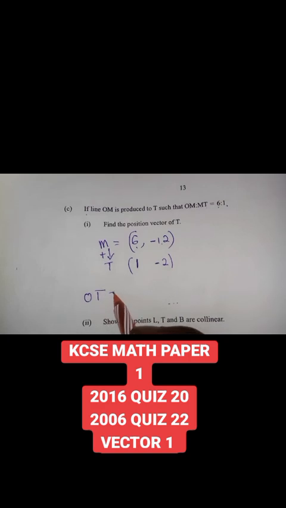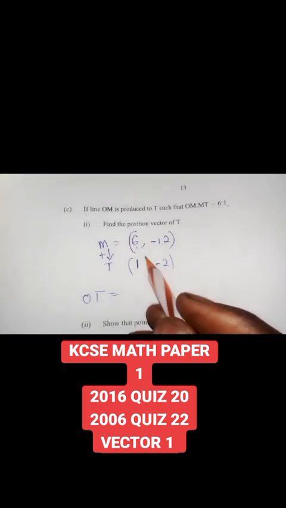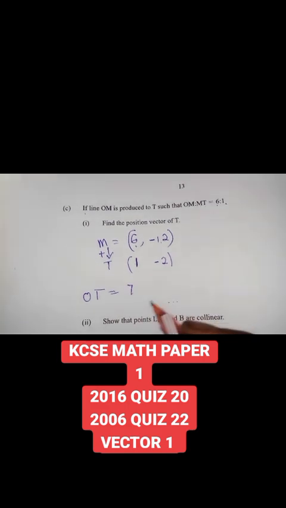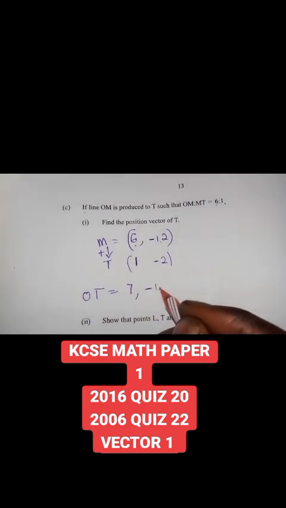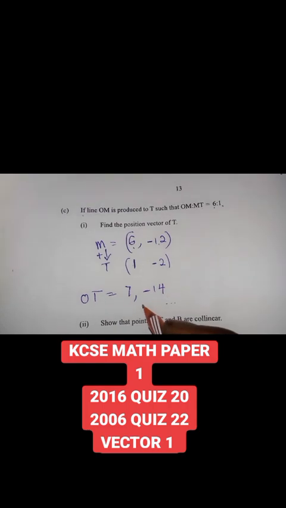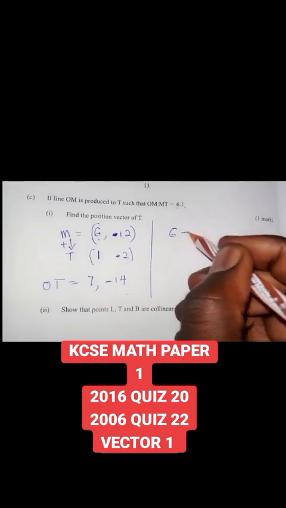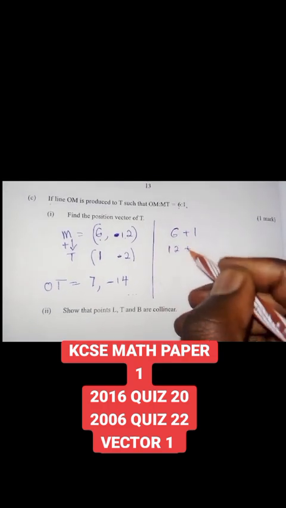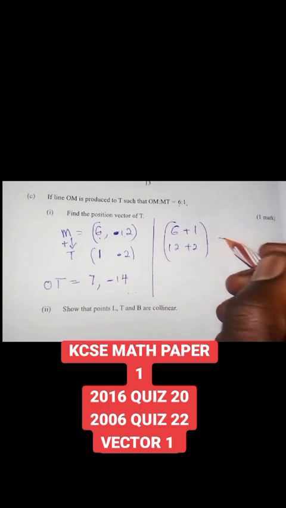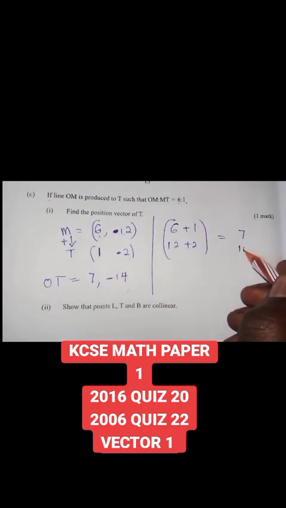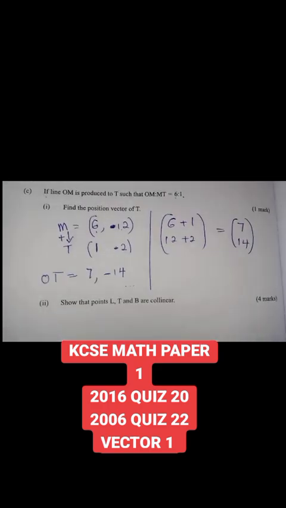Therefore, if I want to find the vector T, I'm going to find the sum so that I can have OT, that's the position of T. So if I have here 7 and negative 14, or on the other hand, you can still say 6 plus 1 and 12 plus 2, so that you have the position as 7, negative 14.